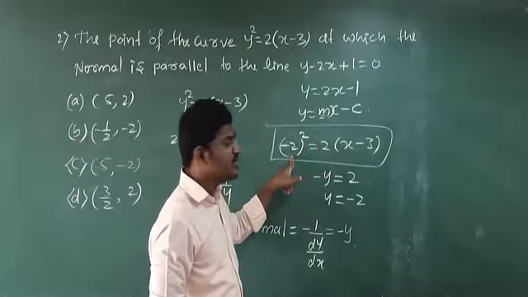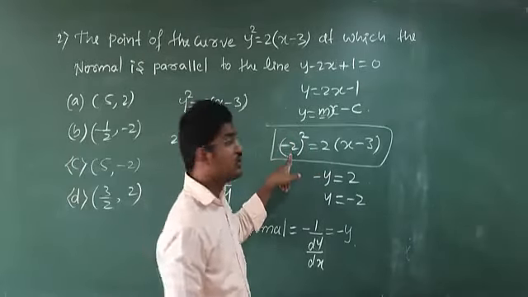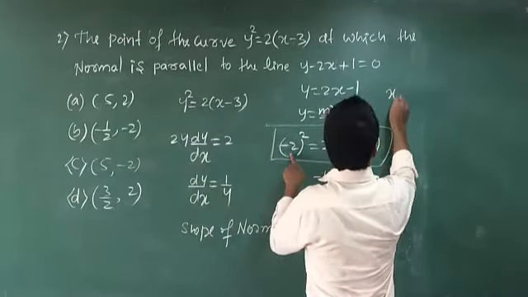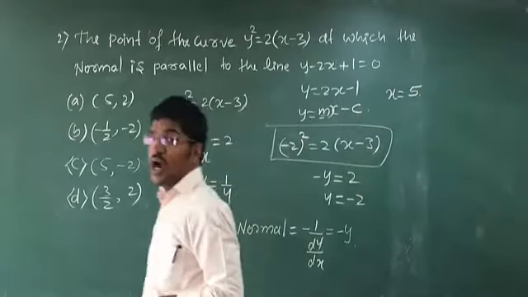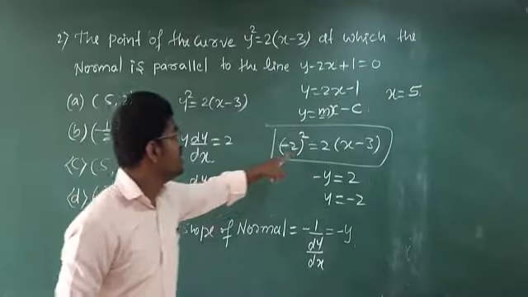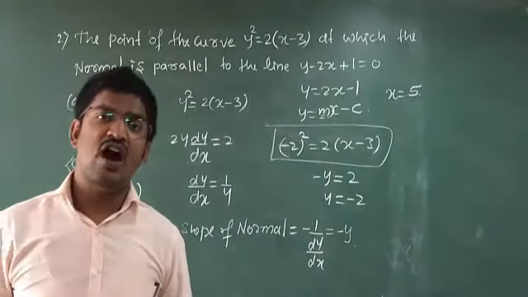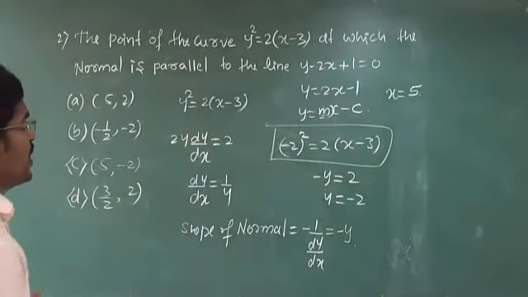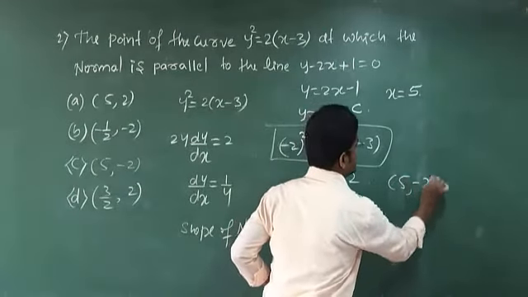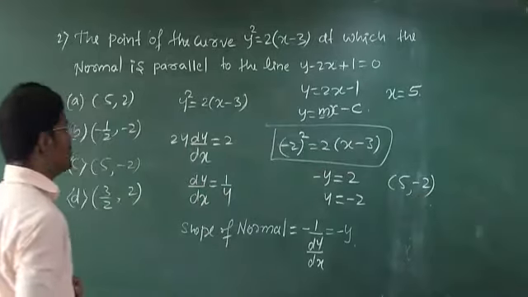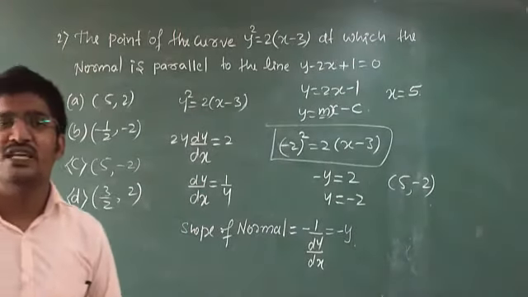If I take 2 on this side, it will be equal to 2. So that is x will be equal to 5. So x is 5 if I simplify this. So your answer will be 5 comma minus 2. X is 5, y is minus 2. Answer will be 5 comma minus 2.